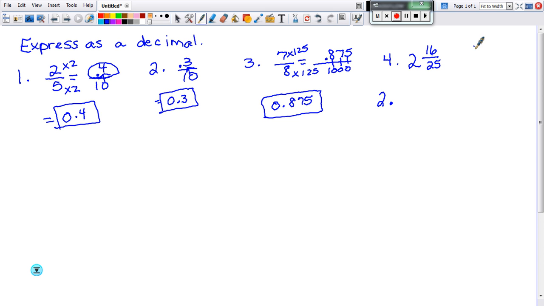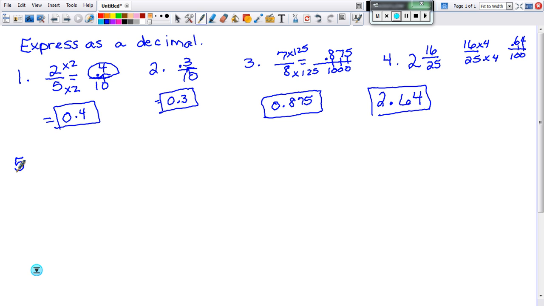Now you work with the fraction part, 16 over 25. You can make 25 become a power of 10 by multiplying it by 4, so you get 100. Multiply the 16 by 4, you get 64. Line up your zeros, put your decimal. So this is 2.64 as my final answer for number 4.